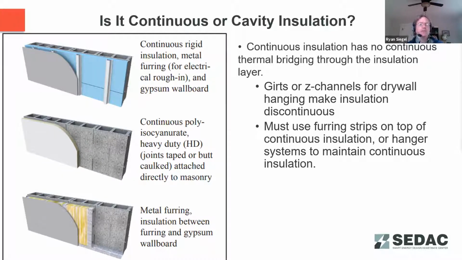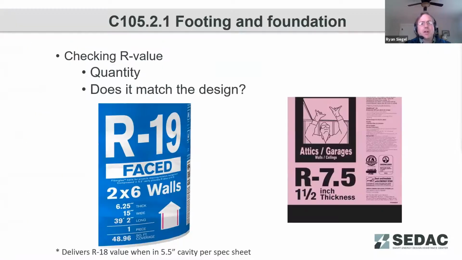Something else that this continuous insulation can help avoid is, particularly if you have metal wall studs, those are extremely conductive and commonly eliminate or substantially diminish the effectiveness of your insulation that you paid for. So being aware is part of that.